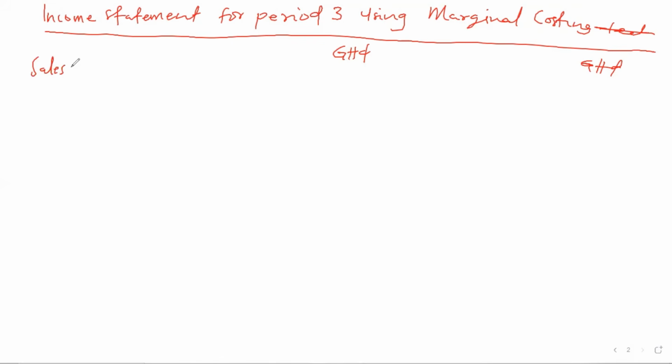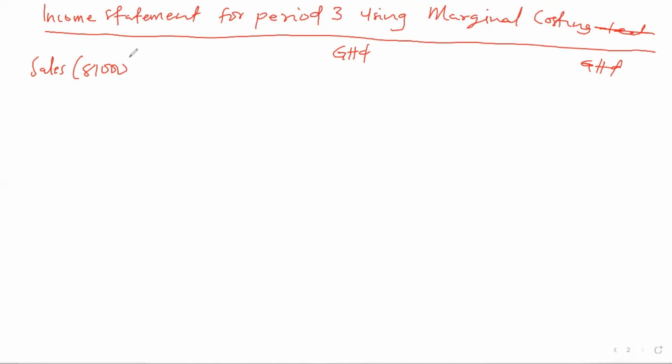So let's go back to the question. The question said, but sales were only 81,000 units. So the sales unit is 81,000. Then they said the standard selling price is 15 cedis.